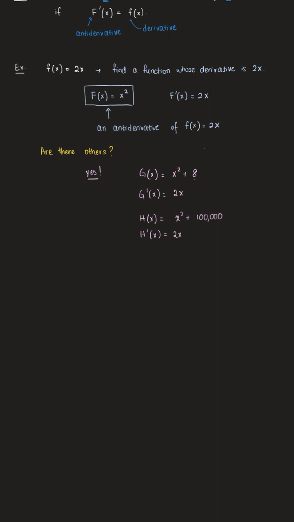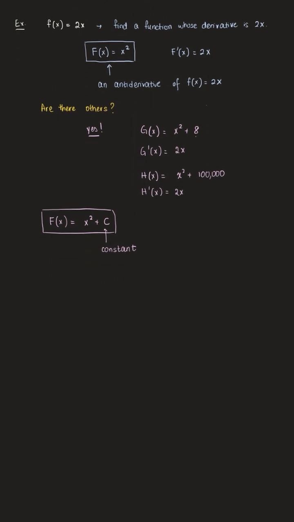If I want to write that in general, I could say x squared plus any constant c will have a derivative of 2x, where c represents just a constant in general. And why does this make sense?